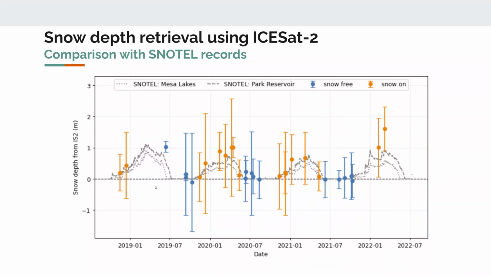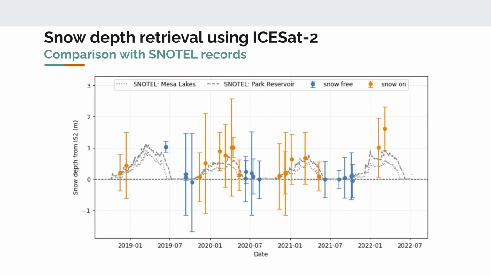So in this plot, you can see these points are the snow depth measurements from ICESat2. And in the background, you can see we also display the snow depth measurement from SNOTEL sites. So basically, there are two SNOTEL sites around the Grand Mesa area. One is Mesa Lakes and the other is Park Reservoir.